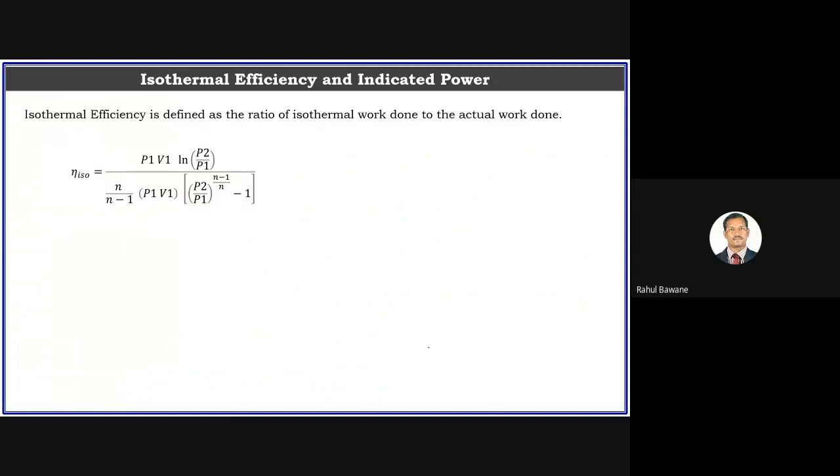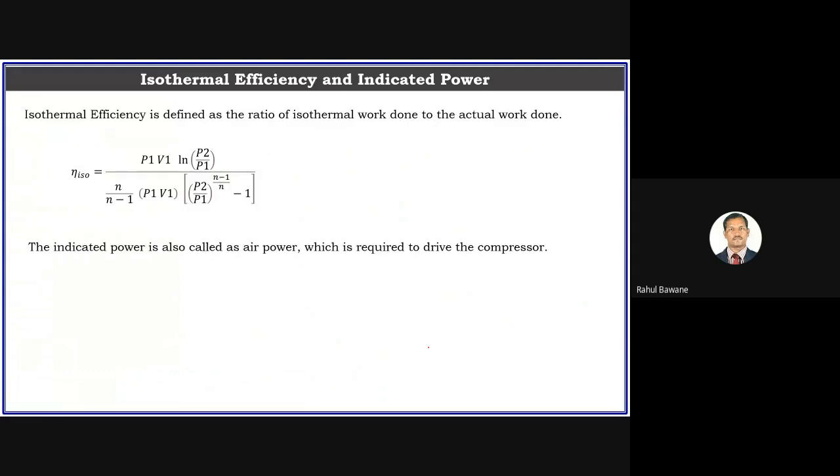And actual work done is possible by only the polytropic process. So we consider here the polytropic process as the actual work done. So polytropic work done is n upon n minus 1 P1 V1, and in bracket P2 upon P1 raised to the power n minus 1 upon n, minus 1.